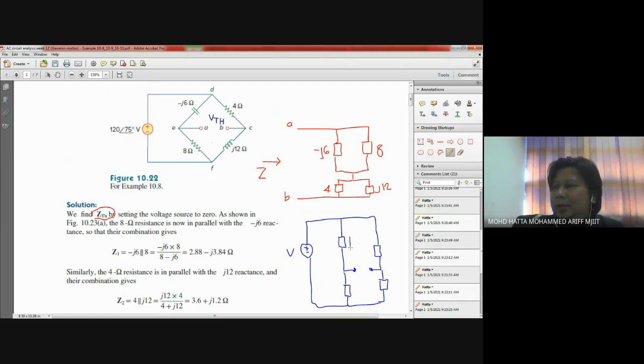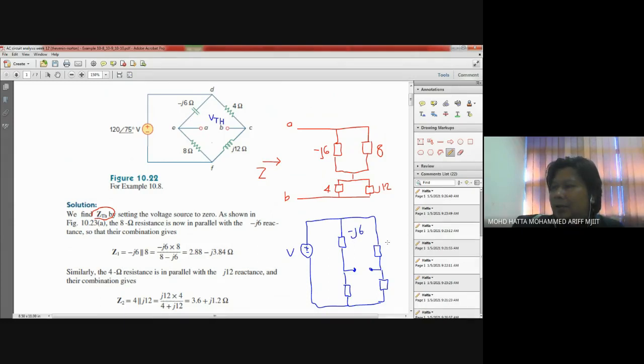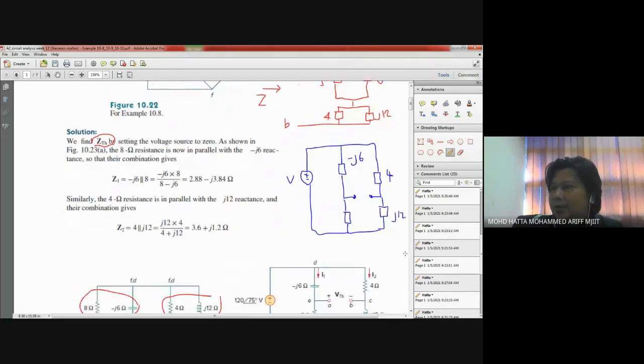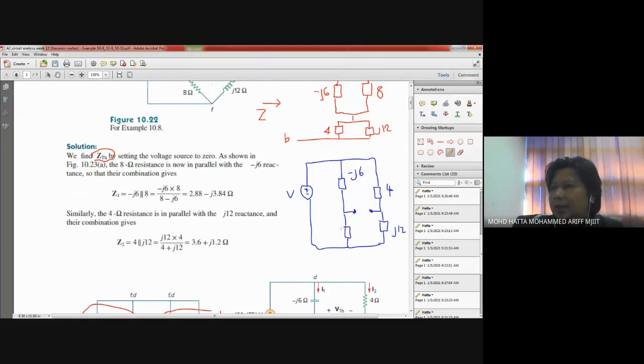And this is element negative J6. This is the 4 ohms resistor. This is J12. This is like 8 ohm. And we try to find out what is the voltage across here. And maybe you should label it as, this is your positive terminal and this is your negative terminal.